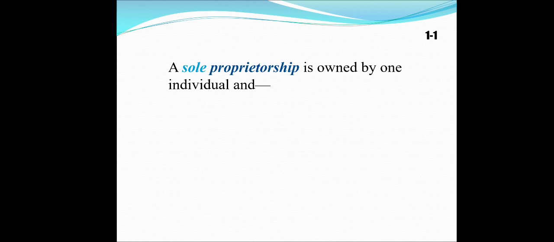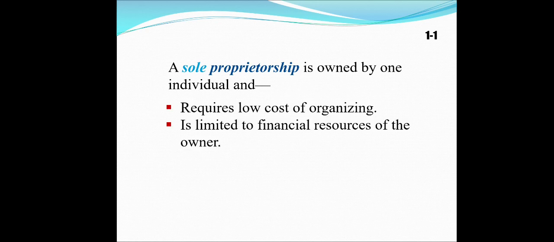The restaurant is owned by one person, but the person can hire many workers. So if you see a business is owned by one person, then that business is called a sole proprietorship. Remember, a sole proprietorship is a business owned by one person.